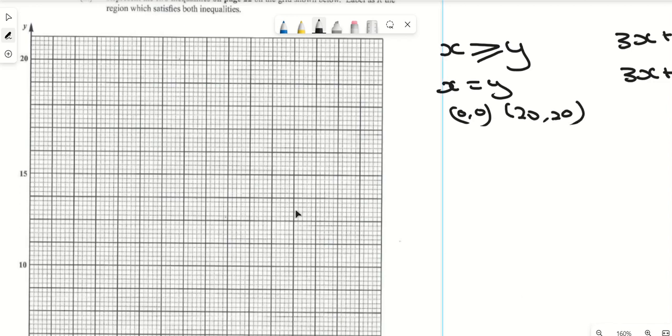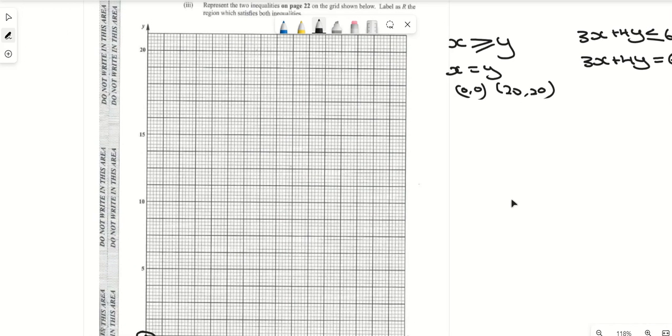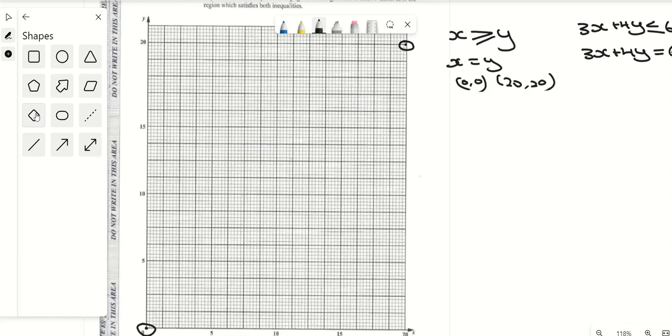So you plot 0, 0 already. 20, 20 would be right here. Then you're going to take your line, so this line here is where x is equal to y, or y is equal to x, right?